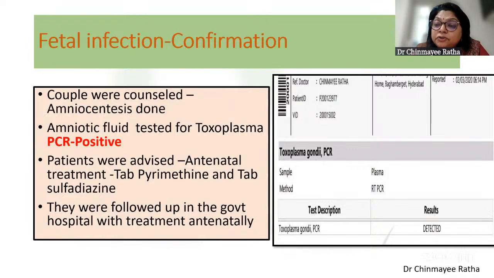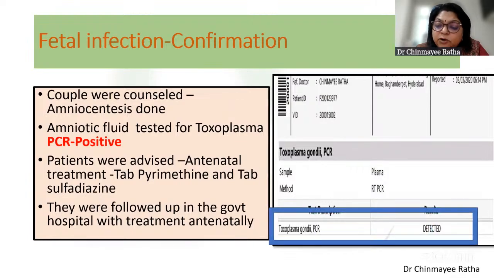So we think of a treatment. Luckily, toxoplasma is one of those infections which has a treatment. The treatment available is antenatal administration of pyrimethamine and sulfadiazine to the mother. So this woman was given this treatment, and then she was followed up.